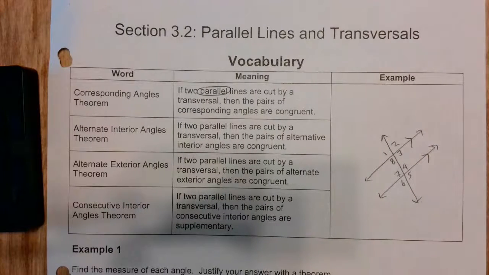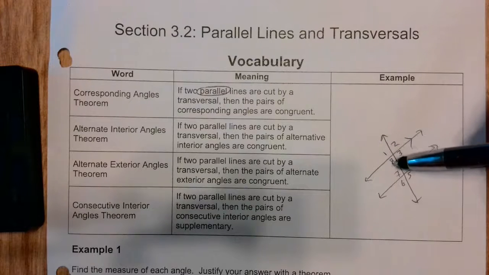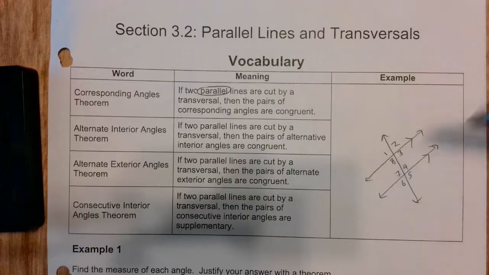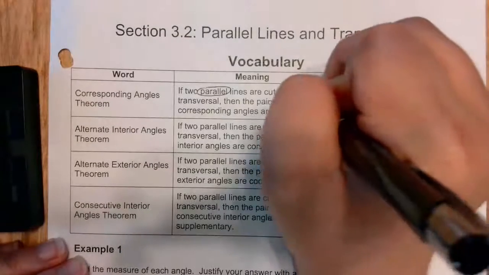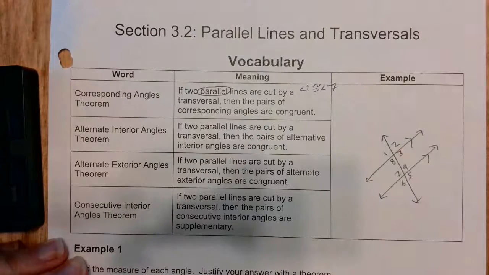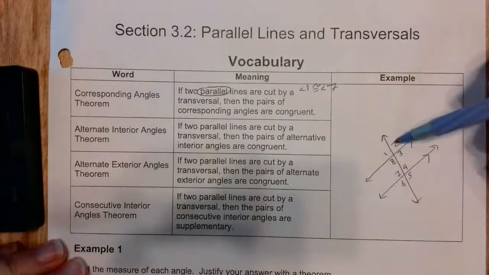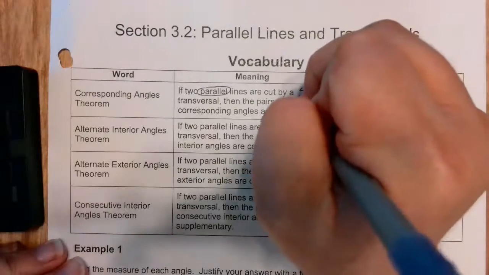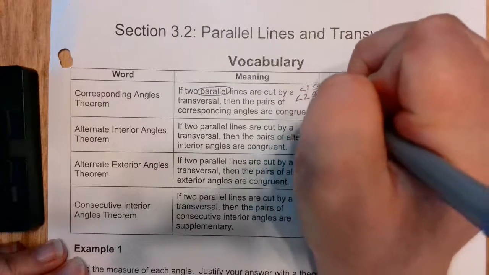The corresponding angle theorem says that corresponding angles are congruent. So which angle corresponds to angle 1? 7. They're both in the top left. So this says that angle 1 is congruent to angle 7. Which one corresponds to angle 2? 4. It says angle 2 is congruent to angle 4.